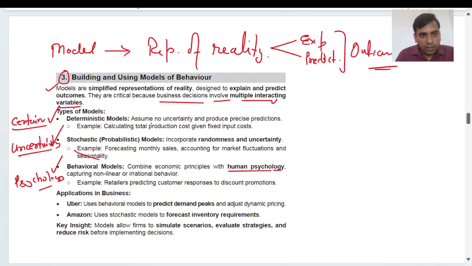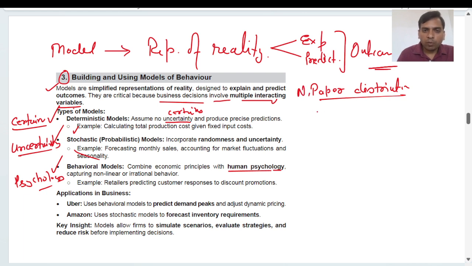Okay, so in the first case, the deterministic model. Deterministic models assume no uncertainty. This means that things are certain. The main point is certainty, and they produce precise predictions. For example, calculating total production cost given fixed input cost. We can consider one more example, just like in newspaper distribution. Demand for newspapers is approximately fixed.